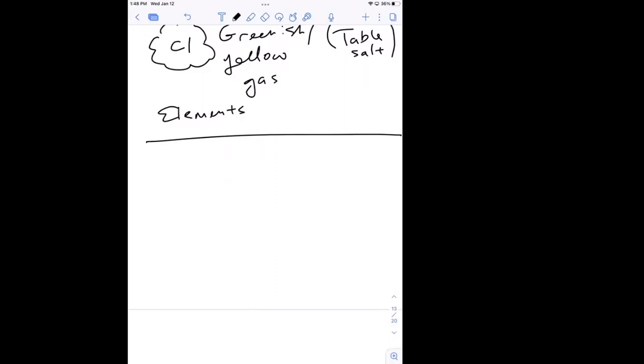All right. So let me just wrap this discussion up about mixtures. Mixtures are a combination of two or more types of matter.